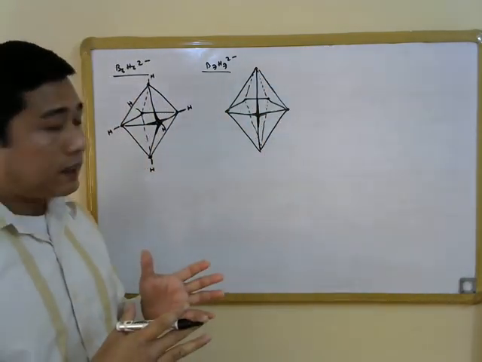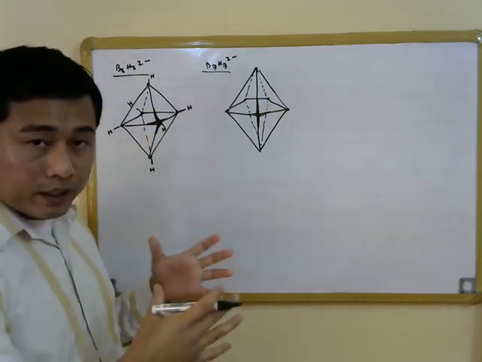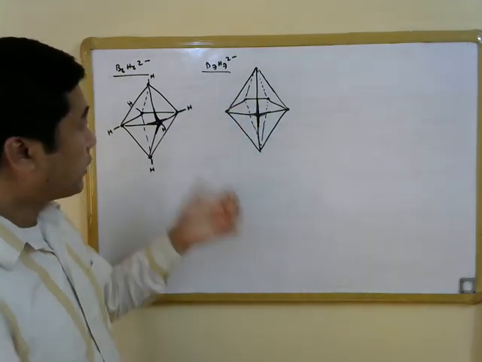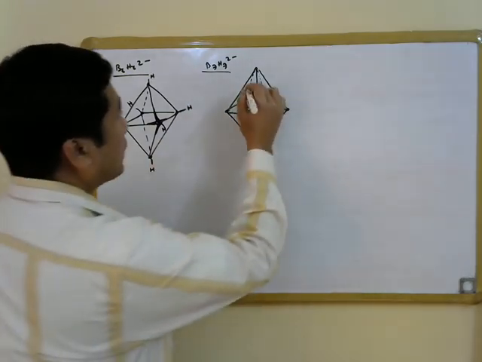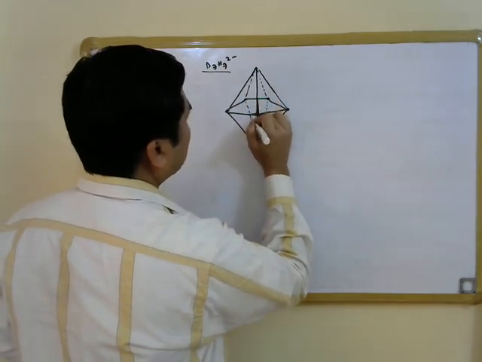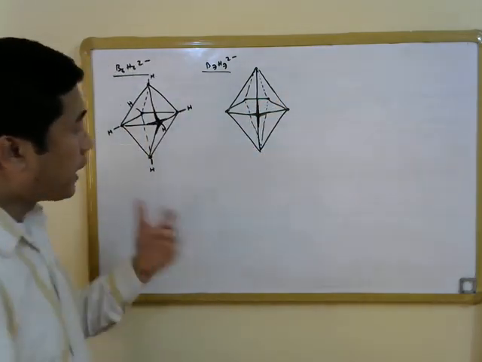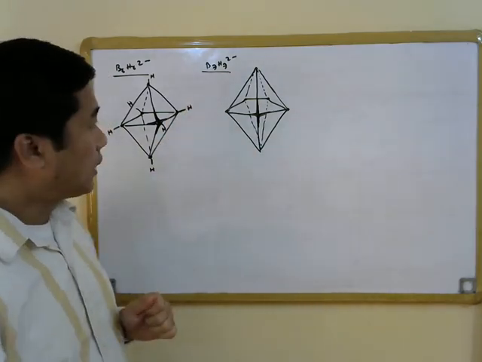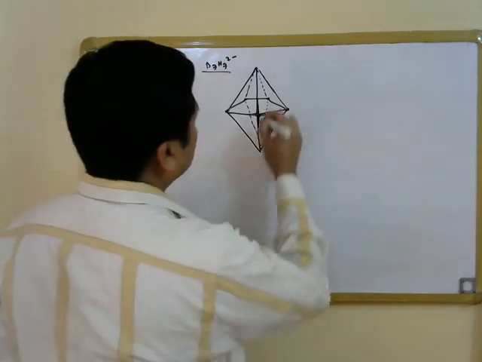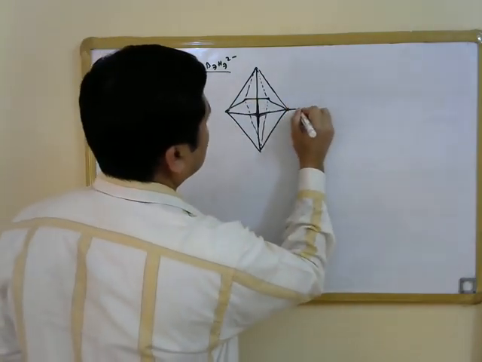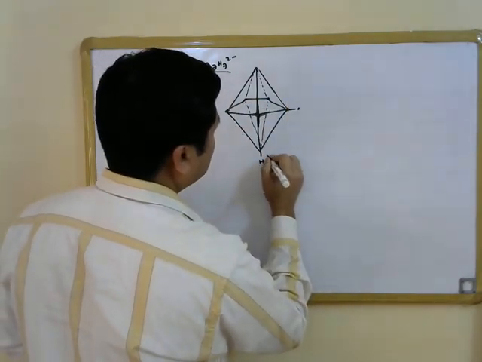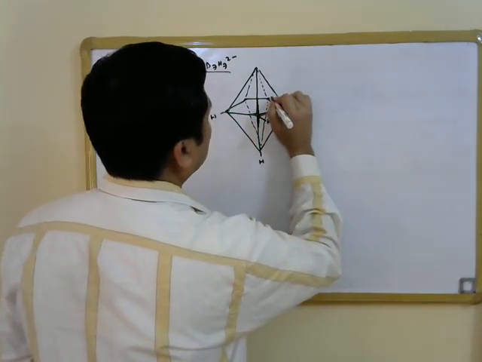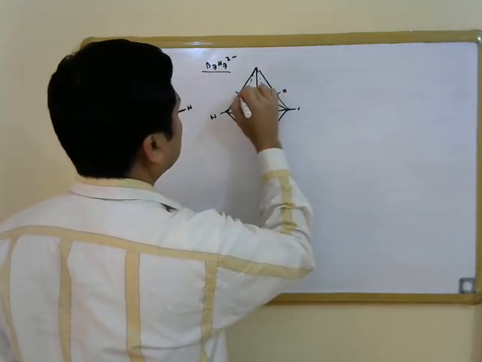The lines which define the outer periphery of the polyhedral structure, the ones which are behind, we draw with dotted lines. And so this is the structure of B7H7 2 negative, and to each of these boron atoms we again place 1 hydrogen atom.